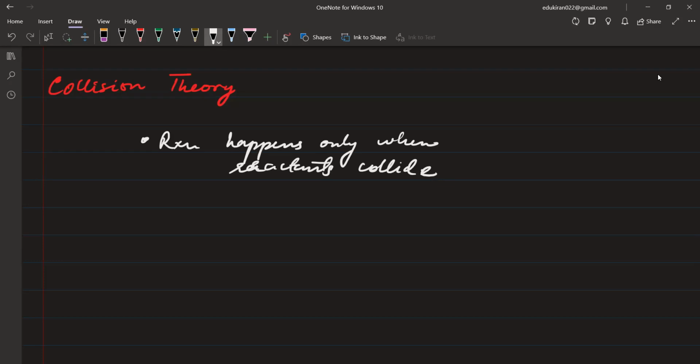Now, let us suppose I have two reactants, A and B. I have reactant A here, reactant B here. There are different ways by which they can collide with each other.